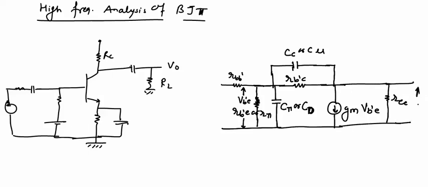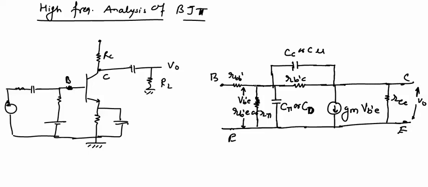This is the basic hybrid pi model for a transistor operating at high frequency. In this model, this is the actual base terminal B, this is the emitter terminal E, and this is the collector terminal C.